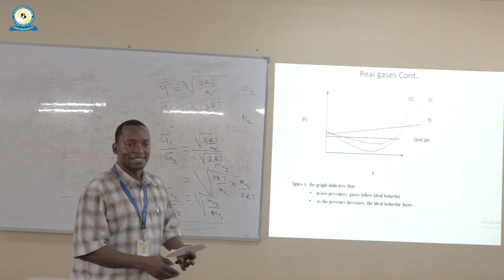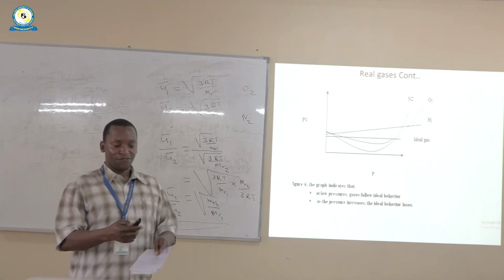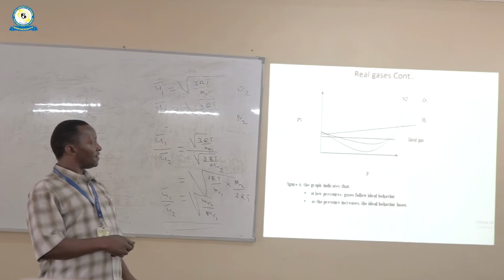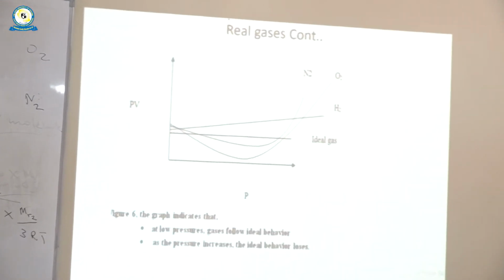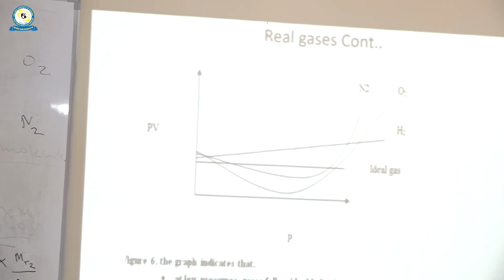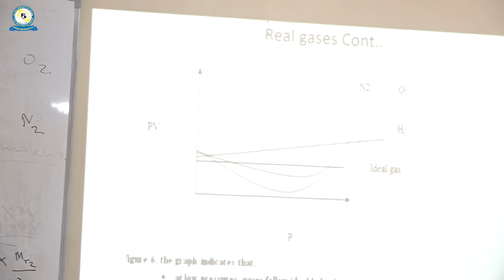What was expected is that if you have the measurements for pressure and you have the measurements for volume, then after that you multiply them.